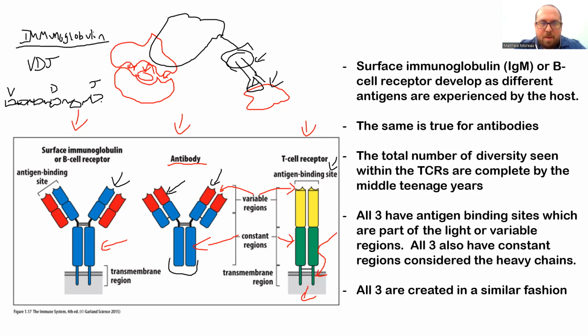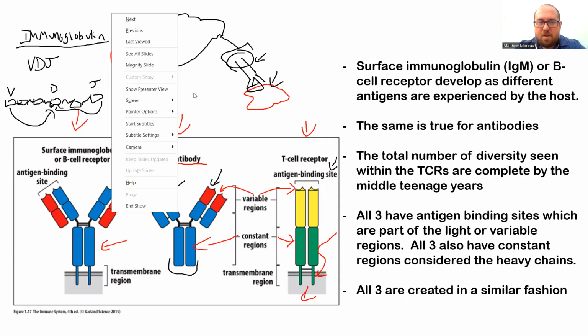And so what ends up happening is you end up getting a connection between one component of the J, one component of the D, and one component of the V region, and they then combine to make one new variable binding site.